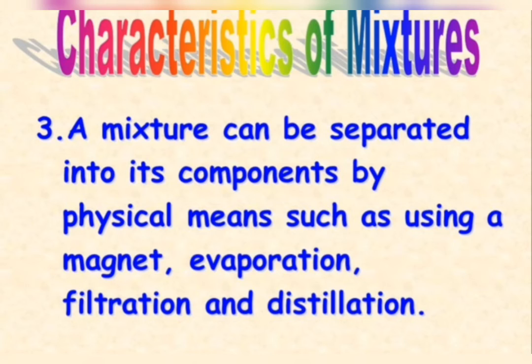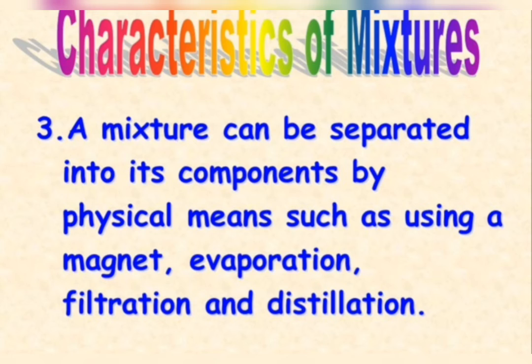One more characteristic is that a mixture can be separated into its constituents by physical means. Why can we separate them by physical means? Because they are not chemically combined, so we can separate them by physical processes. We can separate them by filtration, evaporation, sublimation, distillation, or any physical method.